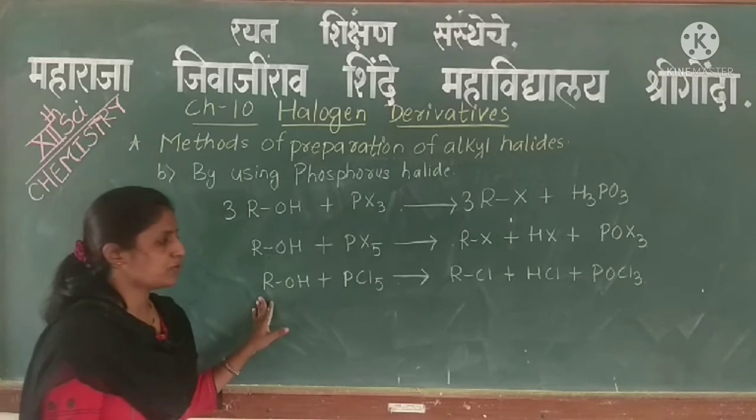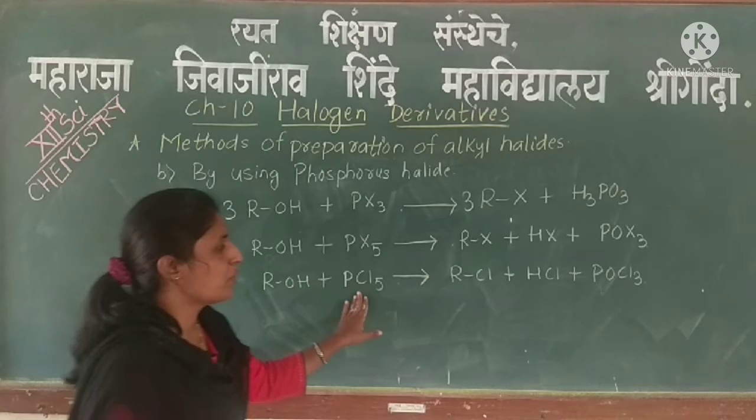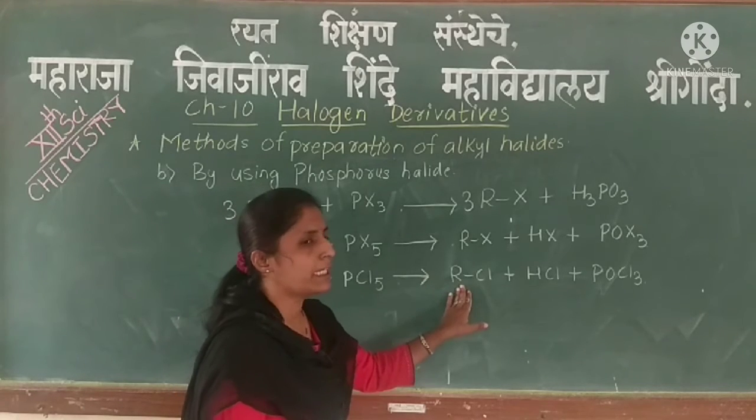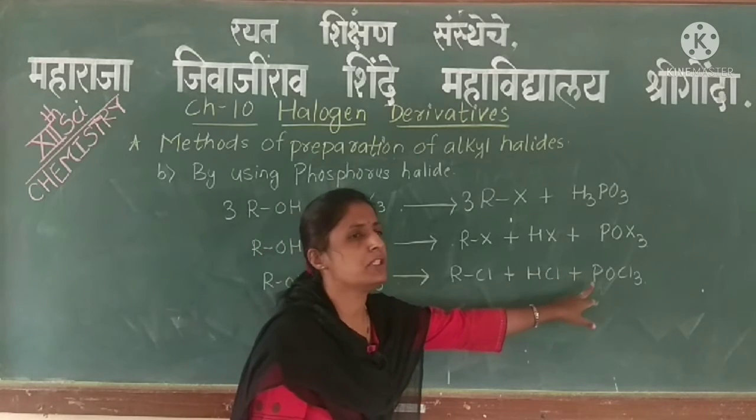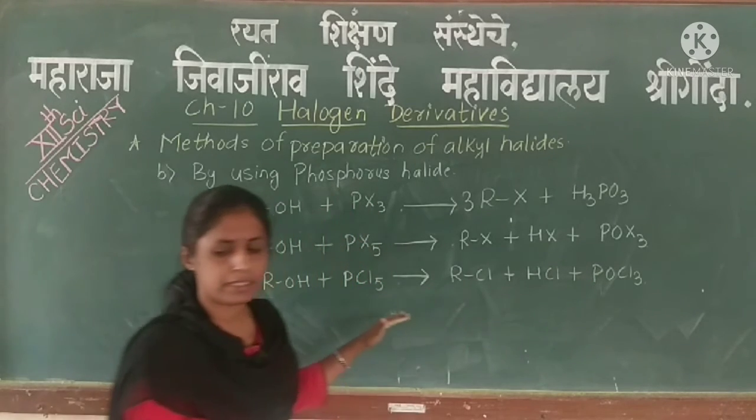Alcohol reacts with phosphorus pentahalide to give you alkyl halide, halogen acid and POCl3. So this is the reaction.